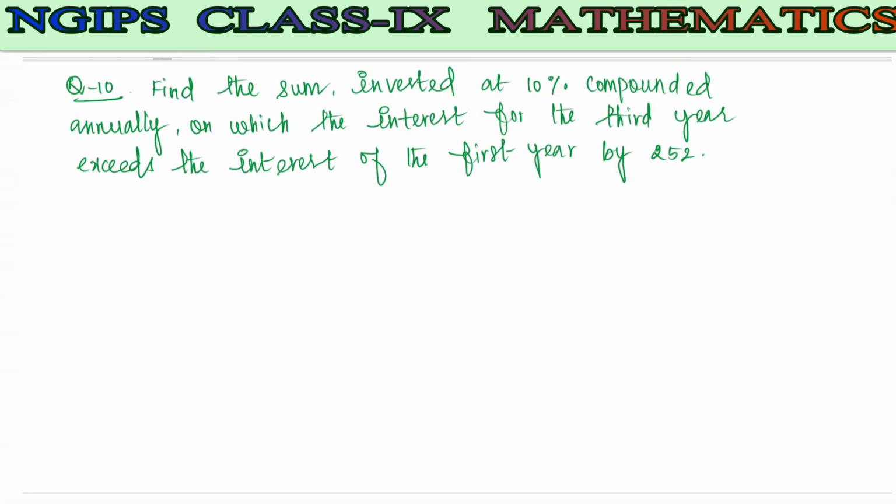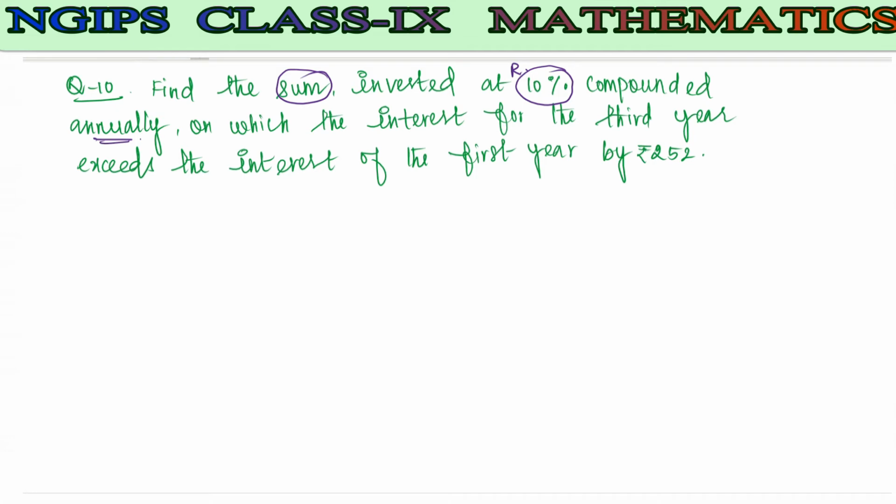Okay, now if you look at question number 10, we need to find the sum. This sum is an unknown value invested at 10% compounded annually. Annually means we need to take the time period as 1, on which the interest for the third year exceeds the interest of the second year by 252 rupees.